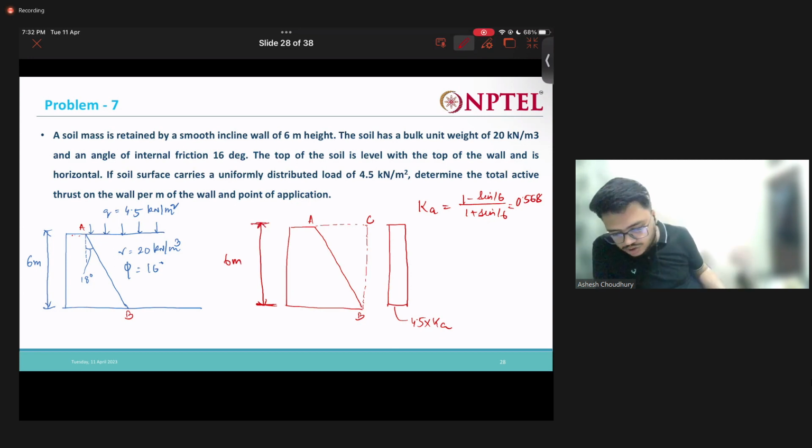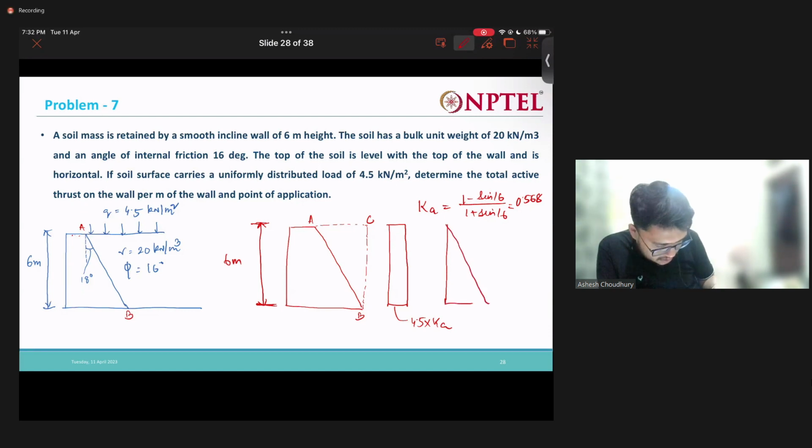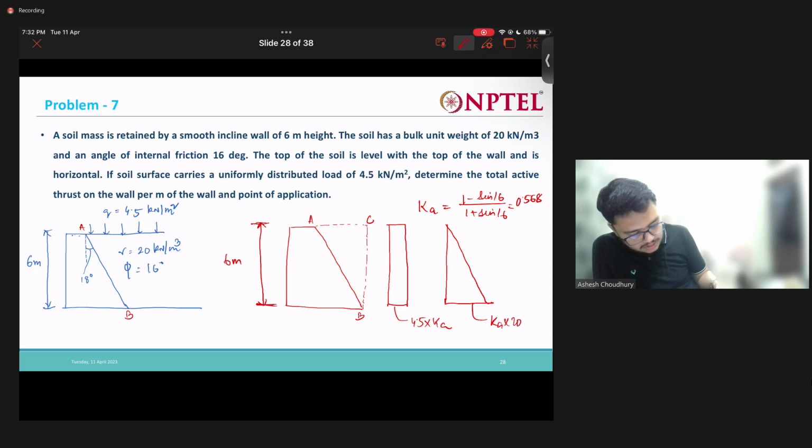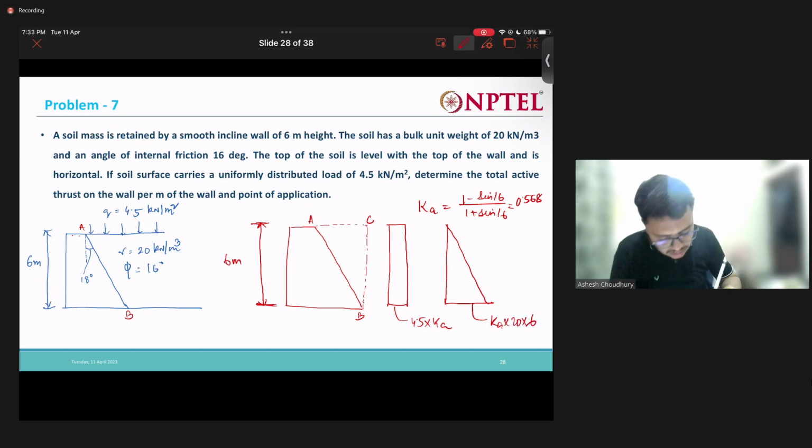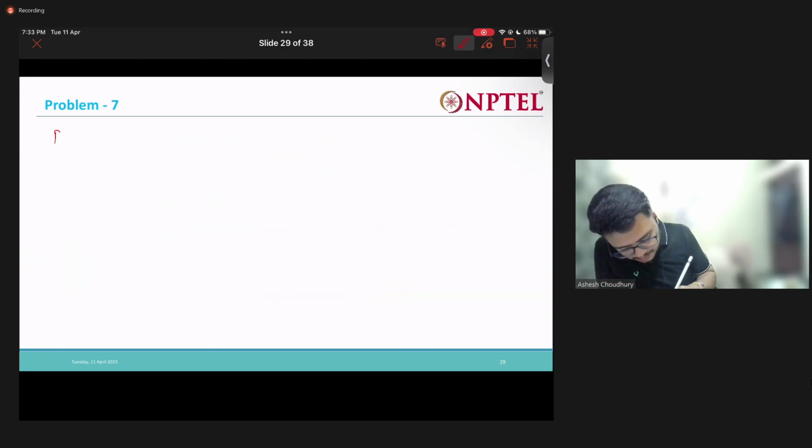Next, due to the soil, there is one triangular variation. This is K into 20 into 6. So this is 1, this is 2.